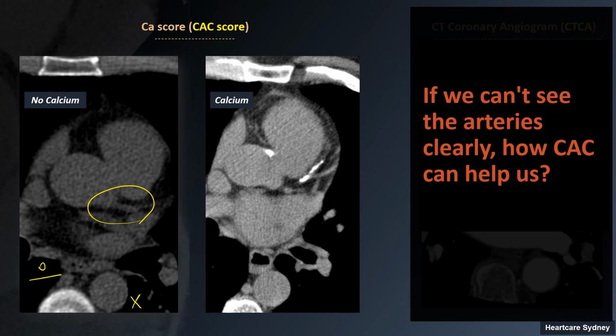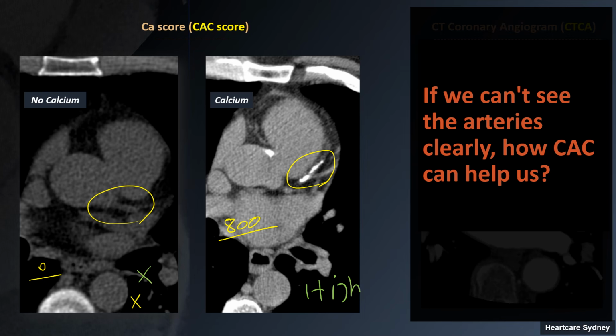And on the right, we see that this person has a significant amount of calcium present in the coronary arteries. Here the calcium score of this person was actually 800, which is severely elevated. By looking at these pictures, remember, we can only say that this person is at higher risk of heart attack in future compared to this person.